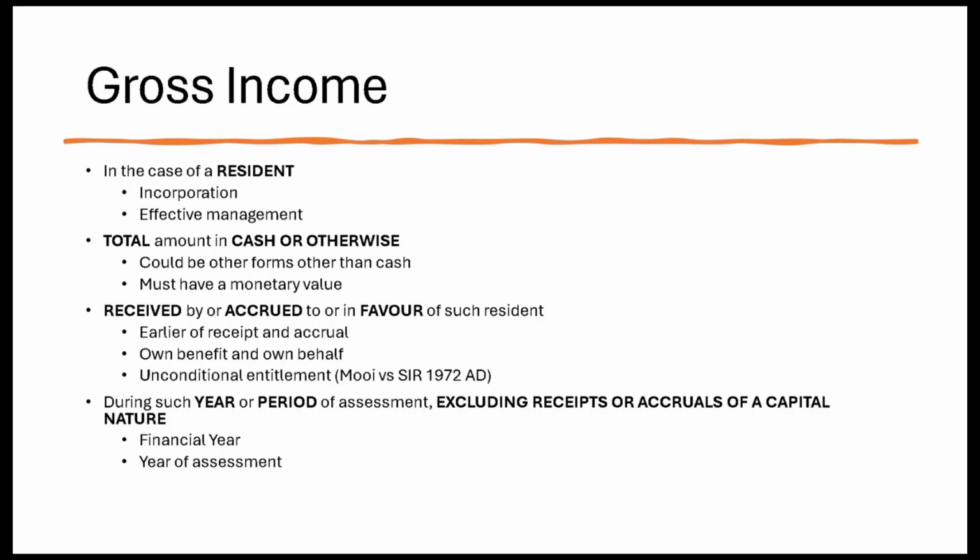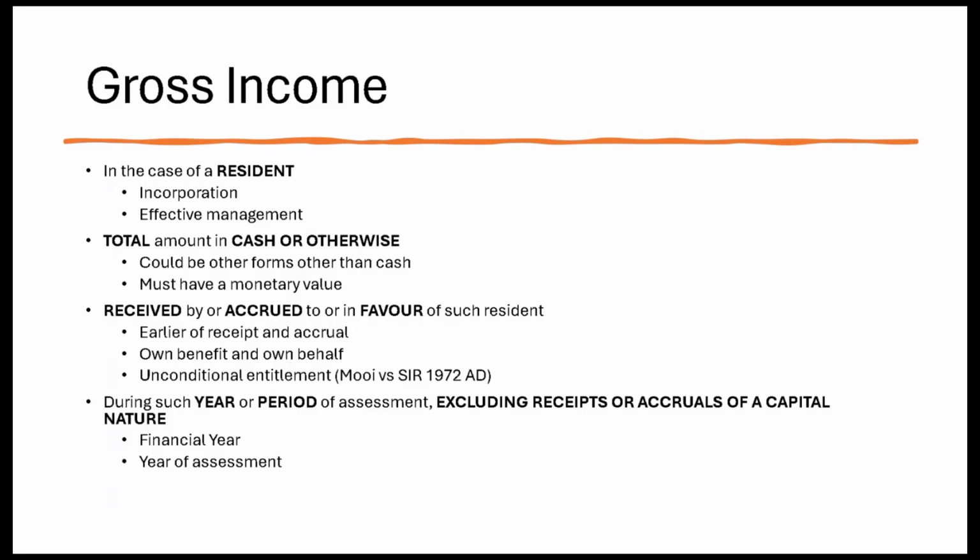So I take that 100,000. The person who receives it is the person that recognizes it as their gross income. So always consider those scenarios where you could be receiving money on behalf of somebody else or on behalf of another company. Just because it's received, it's cash, you're a resident, and it happened in the year of assessment, if it's not in your favor, you do not include it in your gross income.